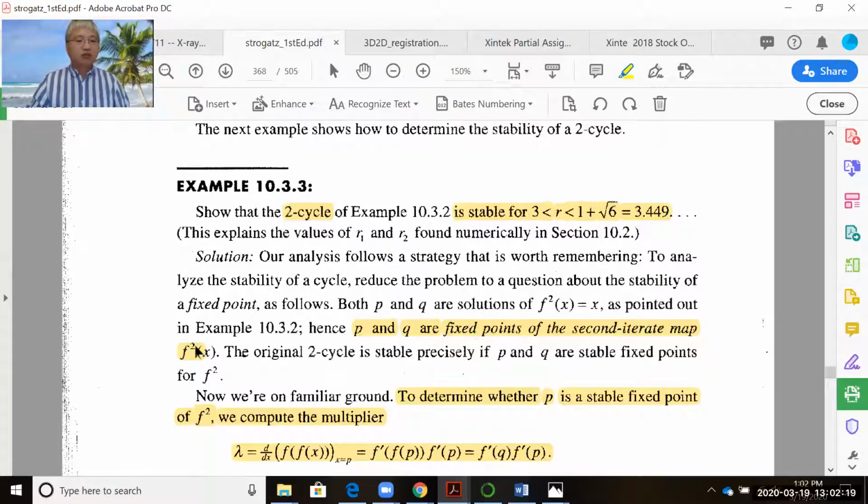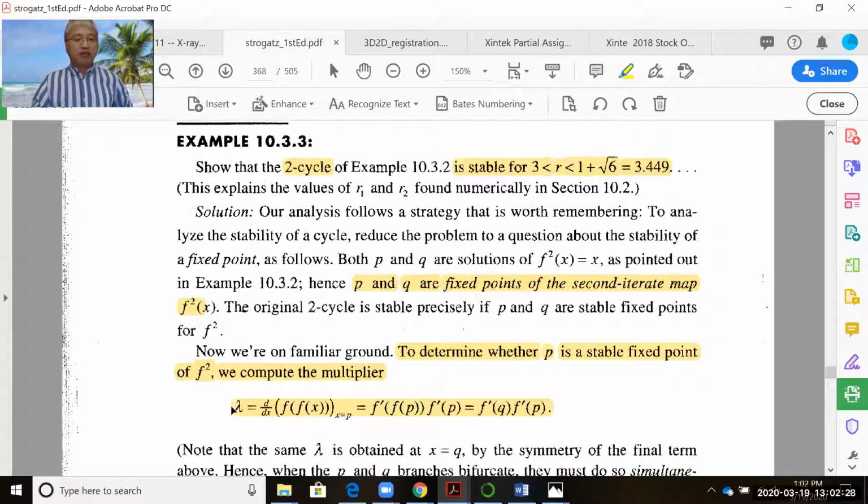So you just treat f square as a new map and calculate its multiplier, the derivative of f of f of x. You do the chain rule when you calculate the derivative: f prime of f of p times f prime of p. You take a derivative of this, then bring out the inside and take another derivative. And this whole thing is evaluated at x equals p.